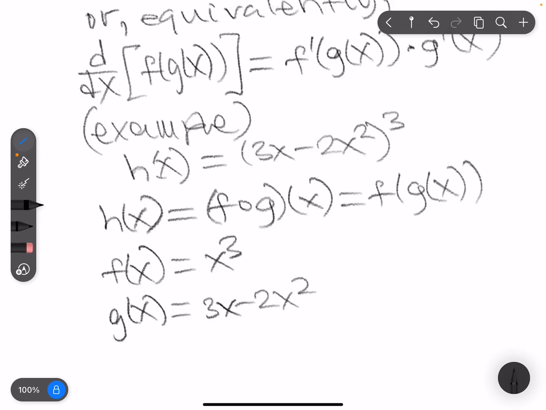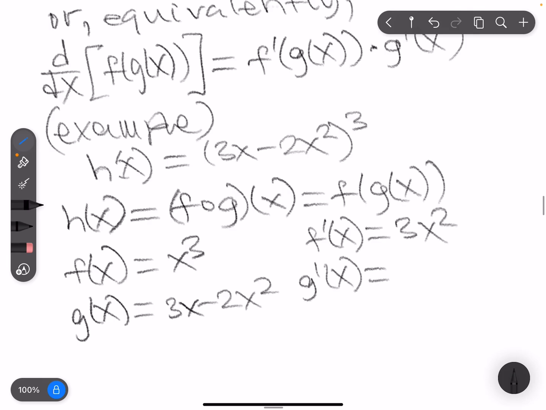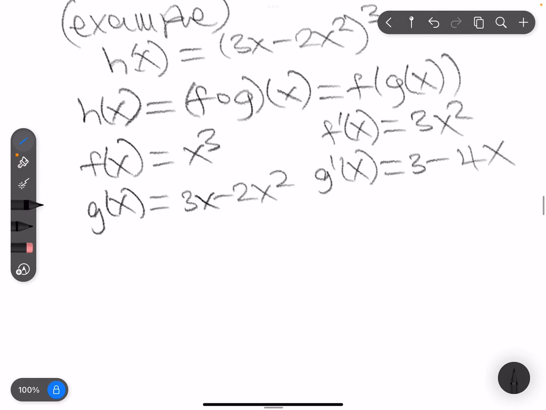And then we see that h is f composed with g. Now, certainly f prime of x is going to be 3x squared, and g prime of x is going to be 3 minus 4x.